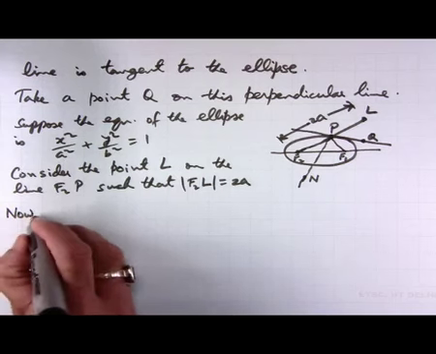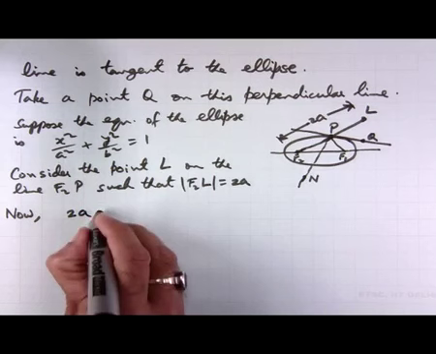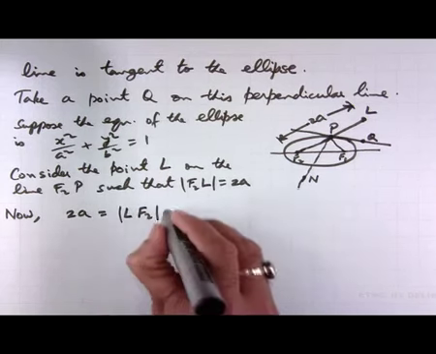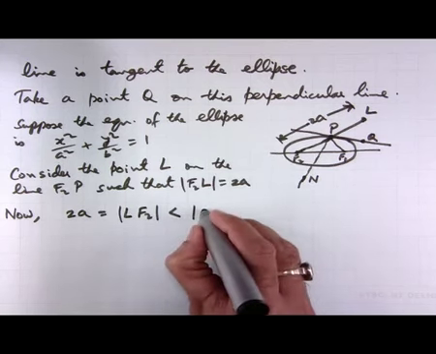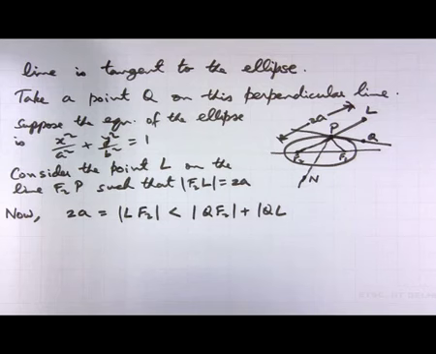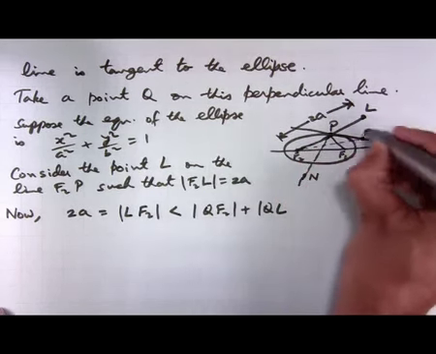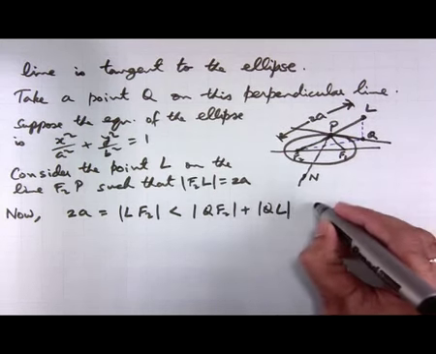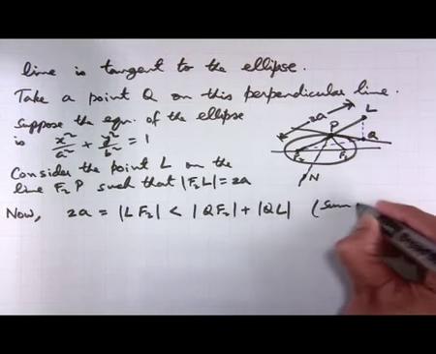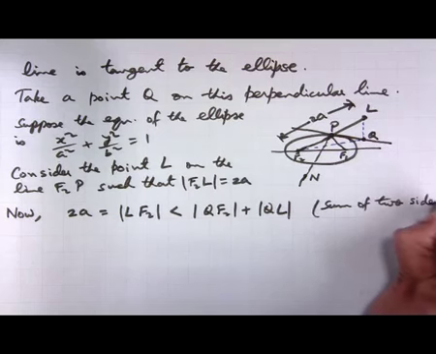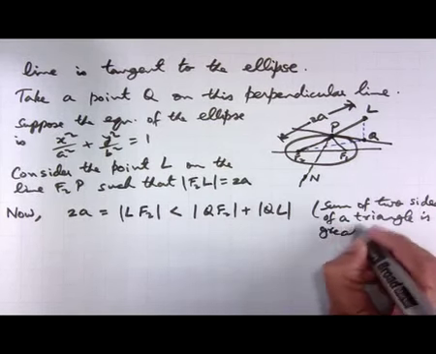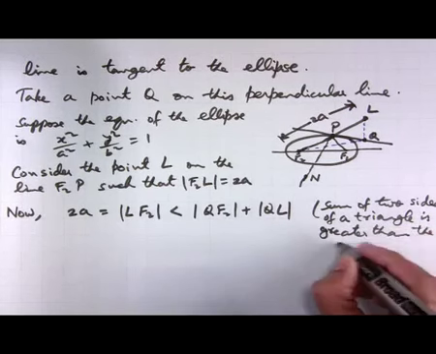Now notice this 2a is equal to the distance of L to F2, which is less than the distance of Q F2 plus Q L. If I join this point Q to F2 and L, this is just the sum of two sides of a triangle, which is greater than the third side.